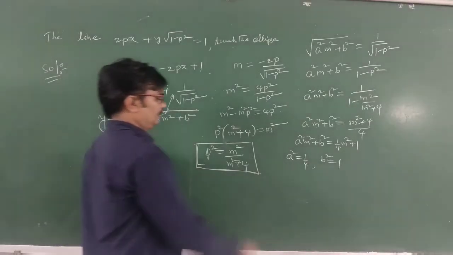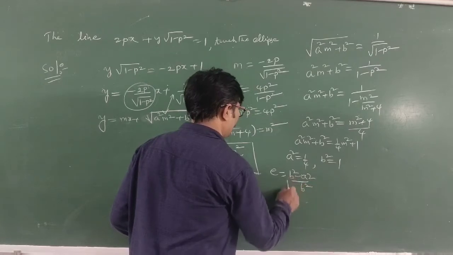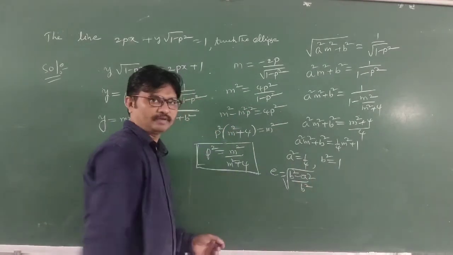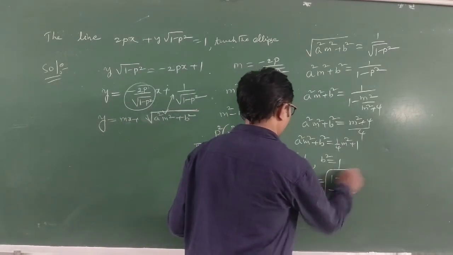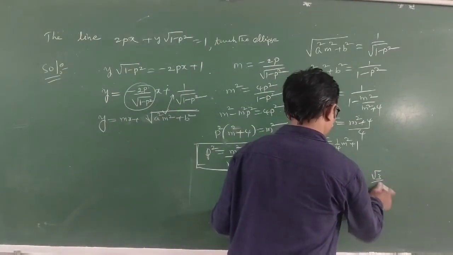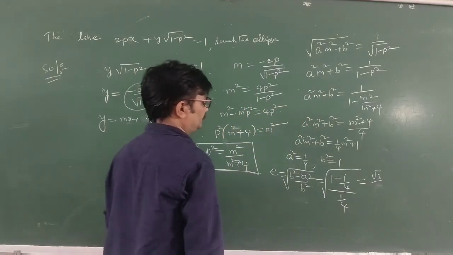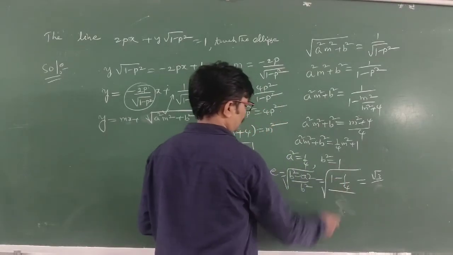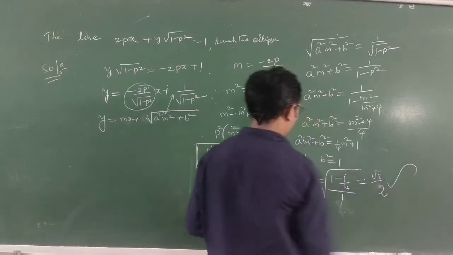My dear students, right now we have to find the eccentricity. It is b square minus a square by b square, where a is less than b. That's why b square minus a square by b square. This is 1 minus 1 by 4 by 1, which is root of 3 by 2.